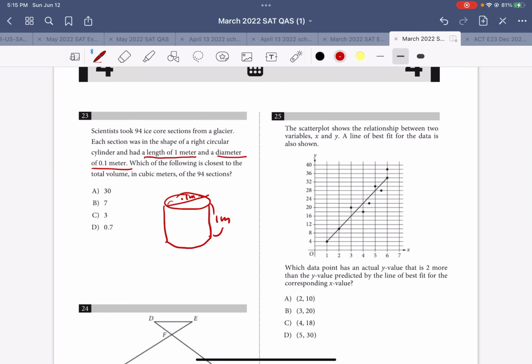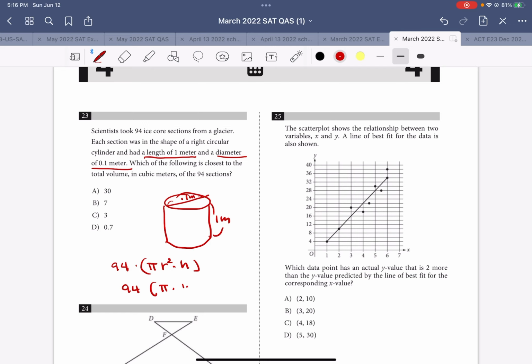The volume of a cylinder is pi r squared times height, and the total number of sections is 94. You're allowed to use a calculator, so you can put the whole thing in at once. The diameter is 0.1, so divided by 2 is your radius.